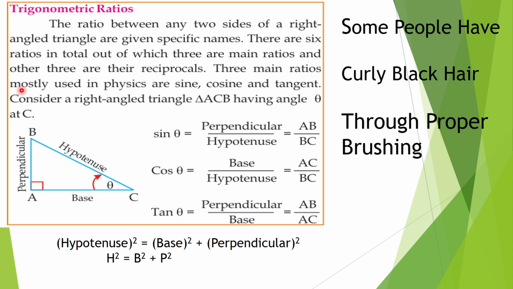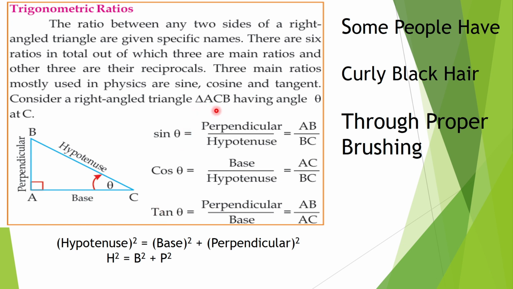The other 3 ratios are reciprocals: the reciprocal of sine theta is cosec theta, the reciprocal of cos theta is sec theta, and the reciprocal of tan theta is cot theta.